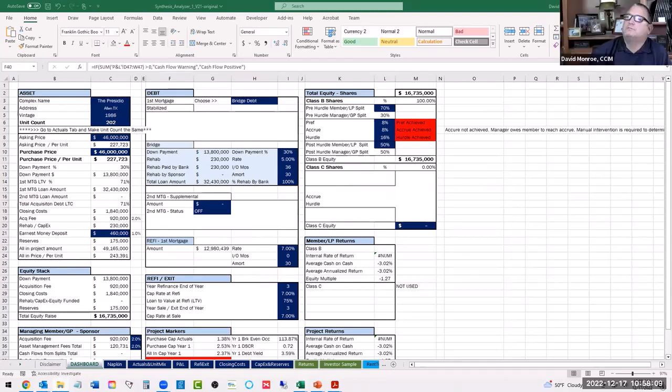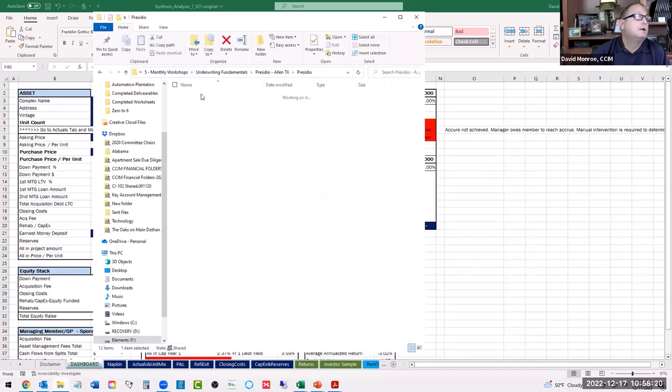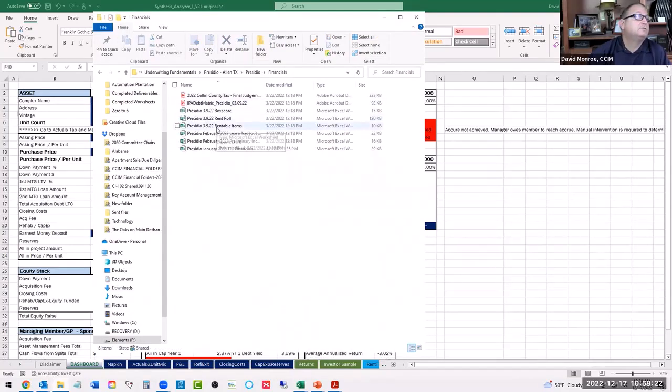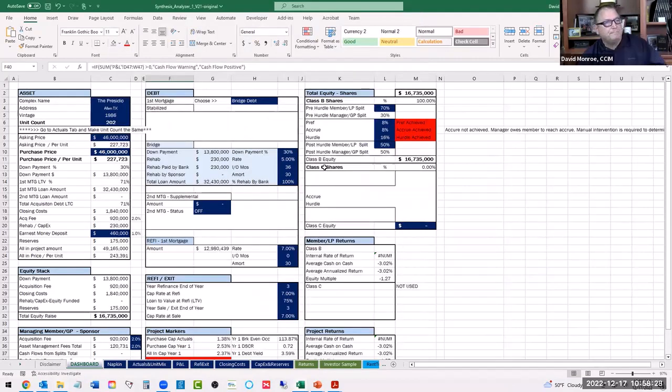Monthly workshops, underwriting, Presidio, financials, trailing 12 month. So let that come up.